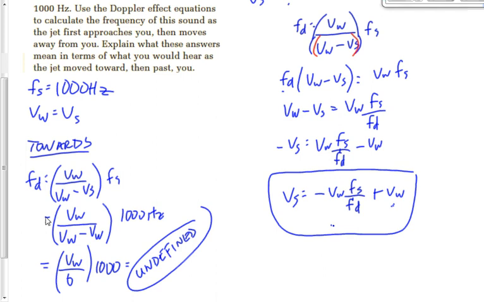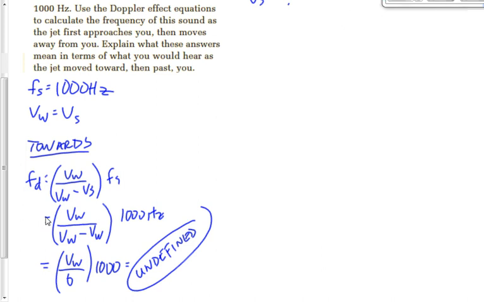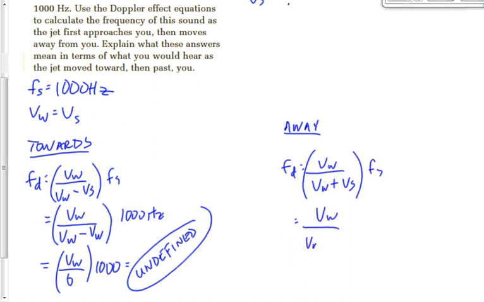Now, what about when it's going away from you? Let's deal with that. We're going to change the equation ever so slightly. Fd is equal to Vw over Vw plus Vs. We're going to say that it's Vw over Vw plus Vw, because Vs is the same as Vw.